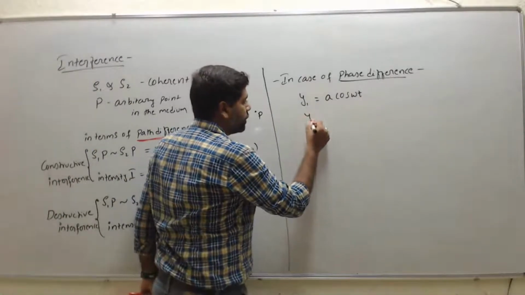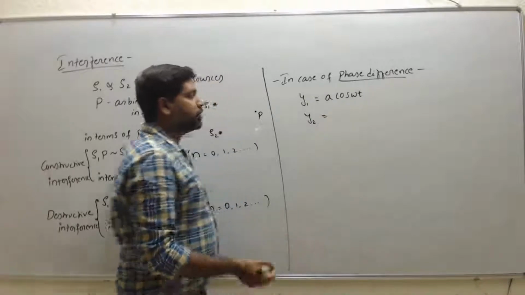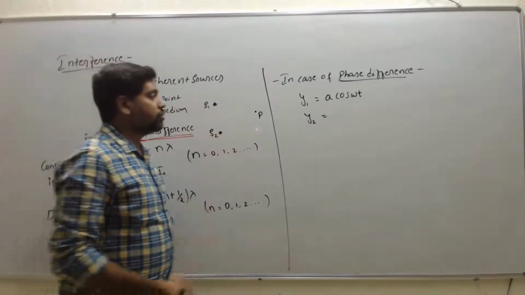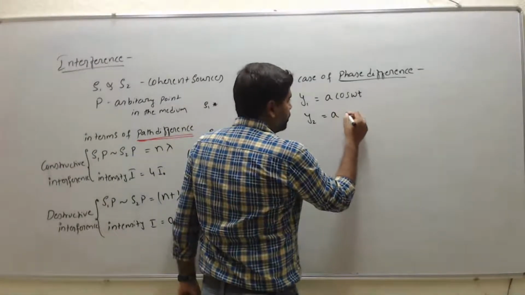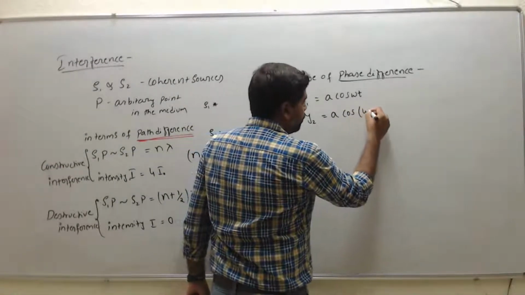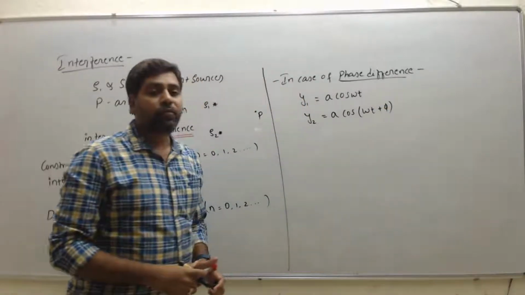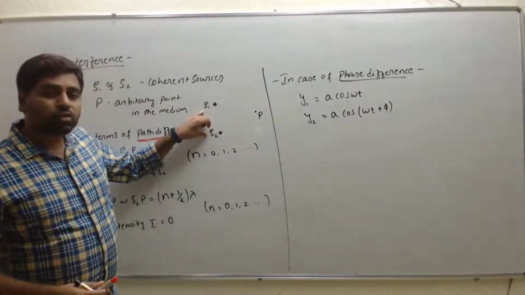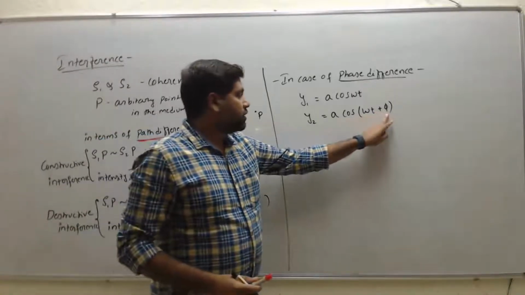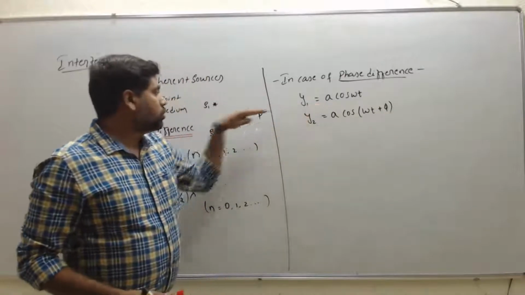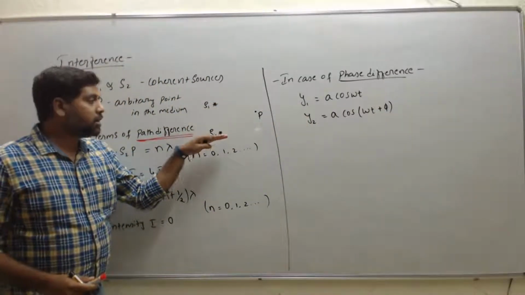Next, if we write the same for y2, where y2 is the displacement produced by the source S2, then we can write y2 is equal to A cos of omega t plus phi, where phi is the phase difference between these two sources, that is S1 and S2.